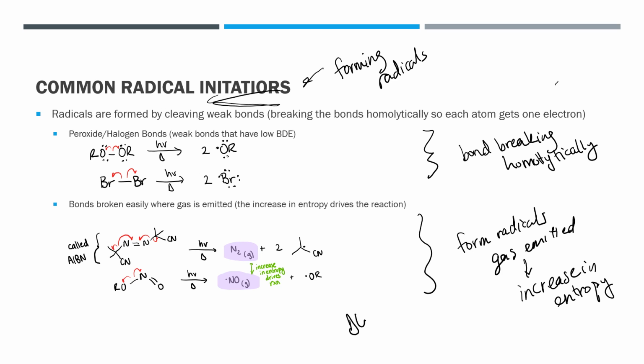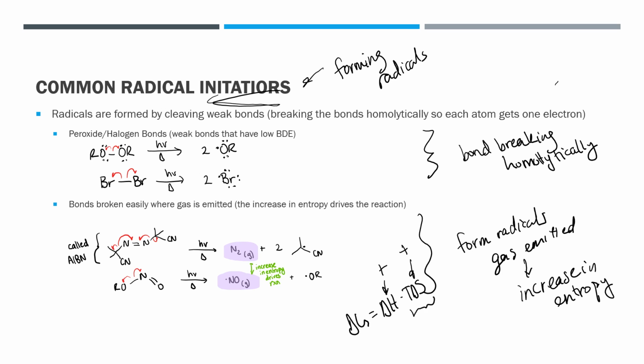The delta G is equal to delta H minus T delta S. In these reactions where we form radicals, we're still breaking bonds, so our delta H is most likely going to be positive, because we have to use energy to break bonds. But our delta S, when we release gas, is very positive.